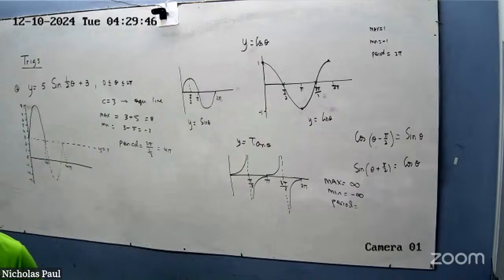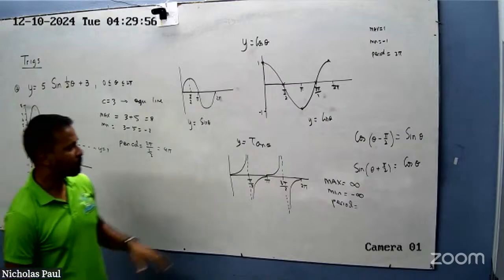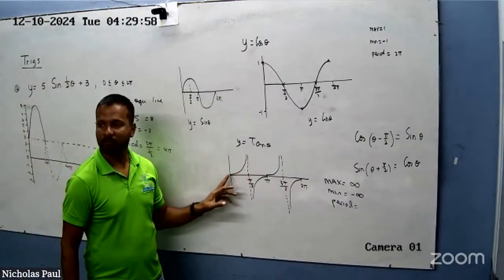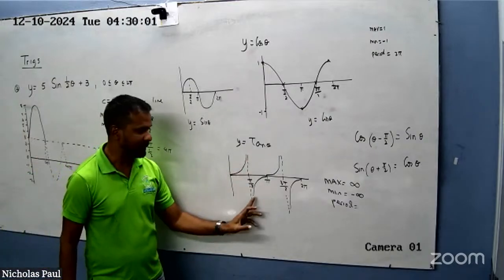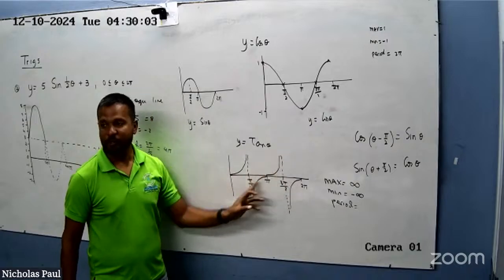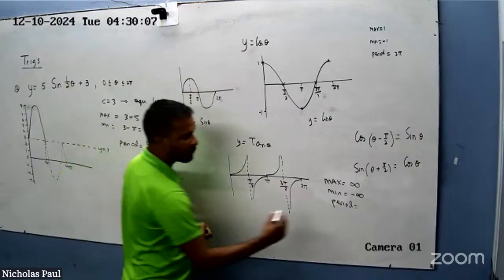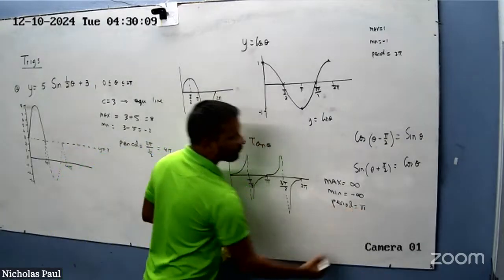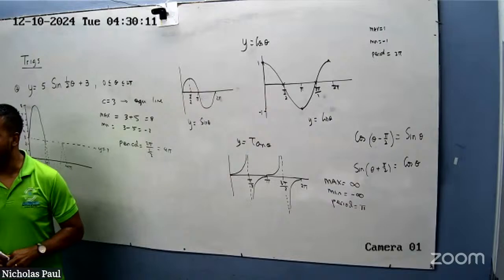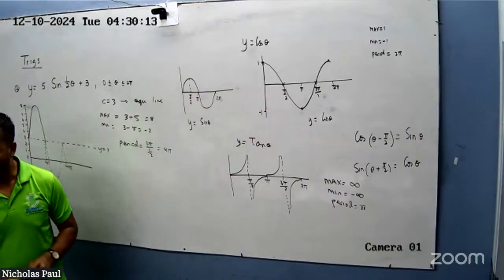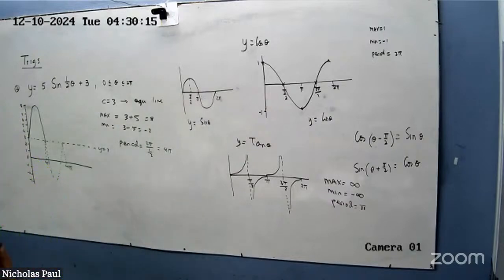What do you think is the period of the graph? Is this the whole graph? No. This is the whole graph. So it repeats itself every 180 degrees, or pi. So its period is pi. Okay?